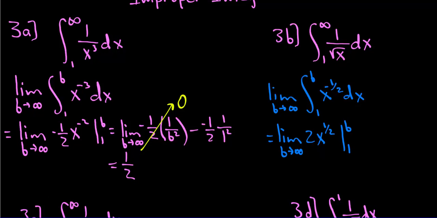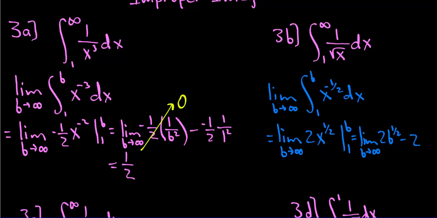Once again, I'm just using power rule for integration. So this is going to be the limit as b goes to infinity of 2b to the 1/2. Uh-oh, that's going to go to infinity. That's going to diverge. Minus 2.